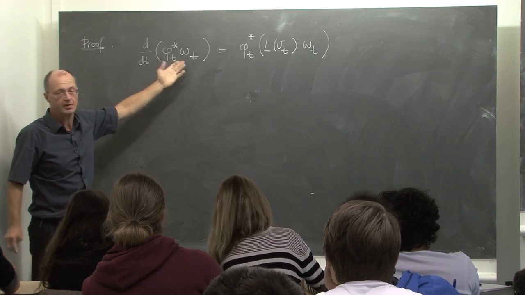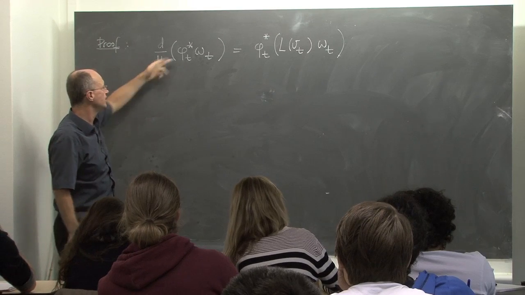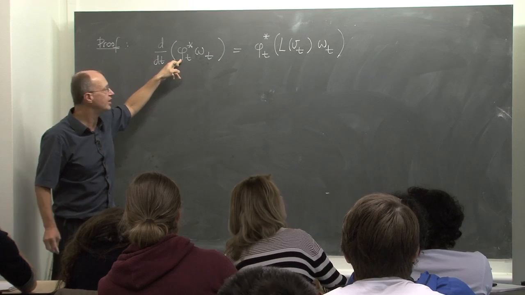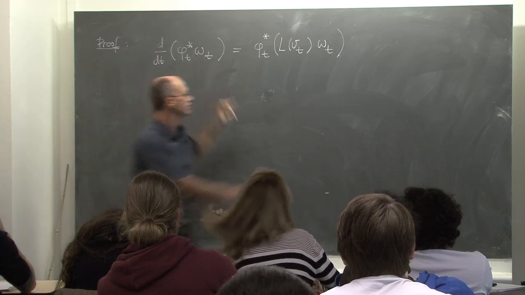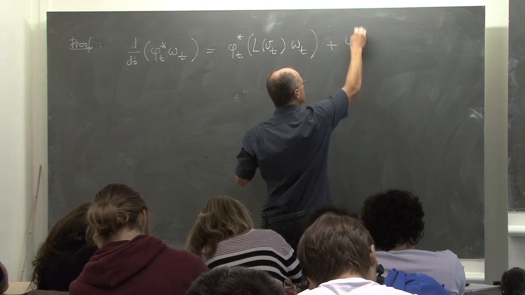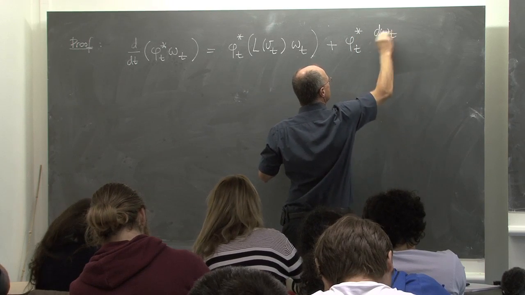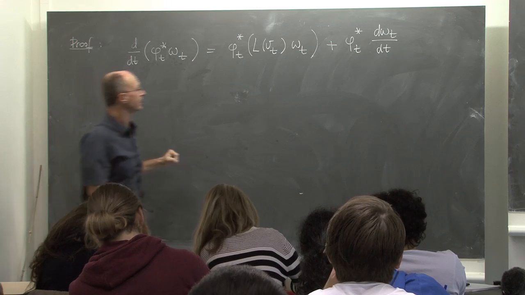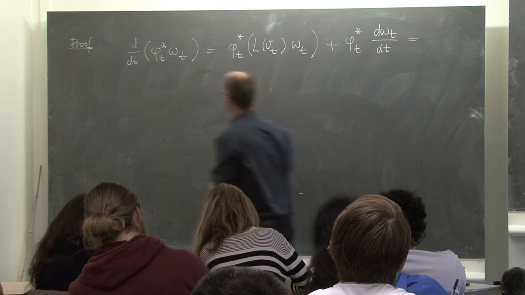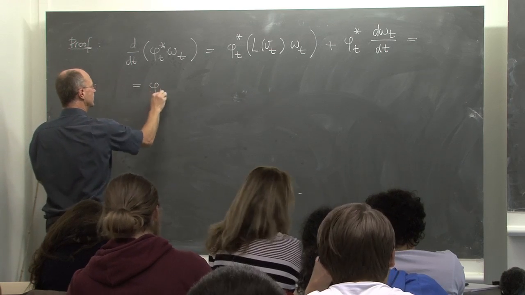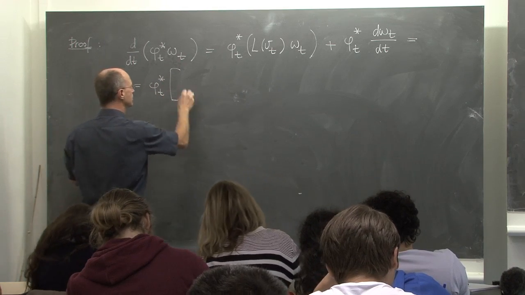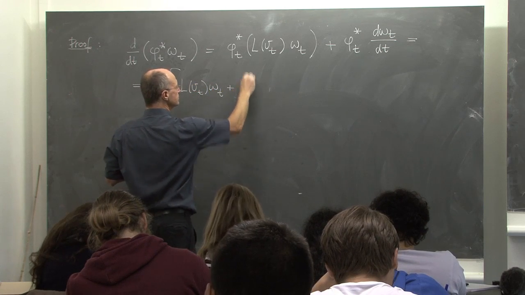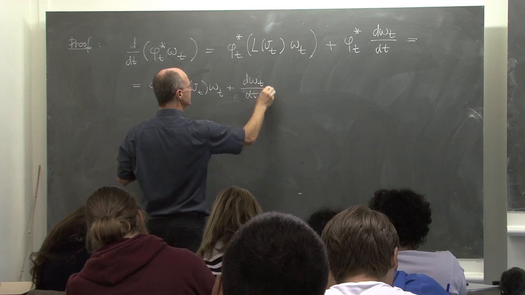But now the t-dependence of omega is very easy to take into account. After all, we're just using the Leibniz rule. We're differentiating phi, and the derivative of omega is simply the derivative of omega. So now we get phi t star, and here L of vt omega t plus d omega t over dt.